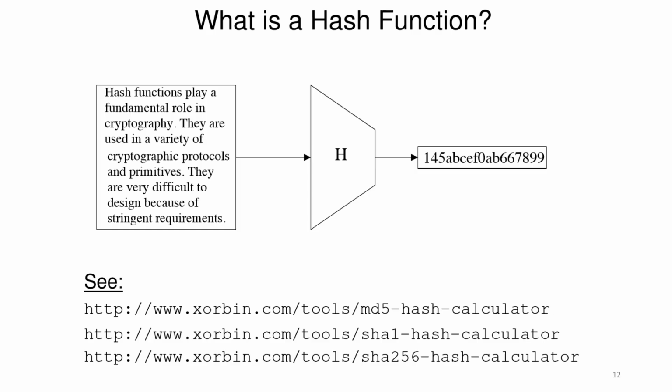It's very fast. In mathematics, it's called a one-way function, which means that you can compute it one way. You can take this and produce this. You cannot take this and produce this. So it's not possible.